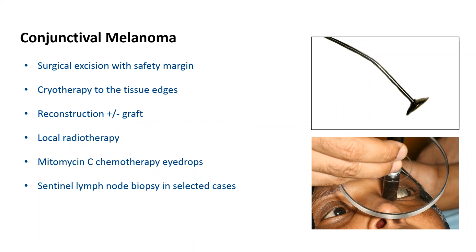And if possible, we may be able to have a small operation to remove the lymph node and see if there's any evidence of tumour cells within it. It is a little controversial in the success rate and what it really means for the patient. So we do them on selected cases, particularly those who have quite large tumours at presentation.